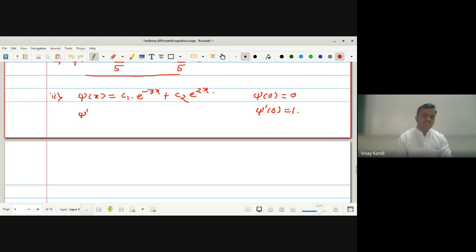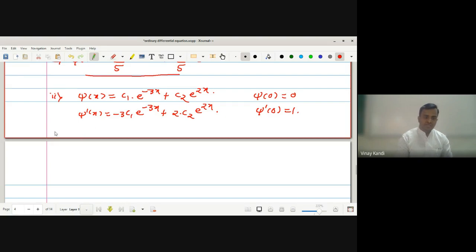So phi dash of x is equal to what? Minus 3c1 e raised to minus 3x plus 2 into c2 e raised to 2x. Okay, now put 0 in both these equations. We get two equations in c1 and c2. Now calculate c1 and c2.